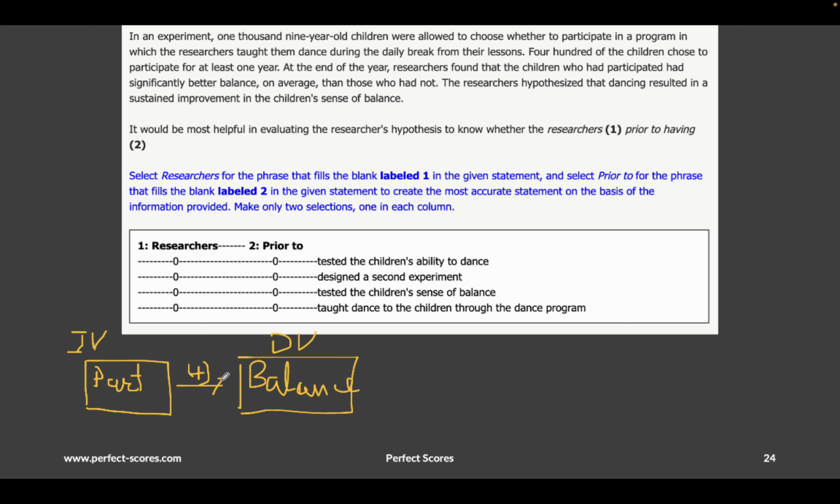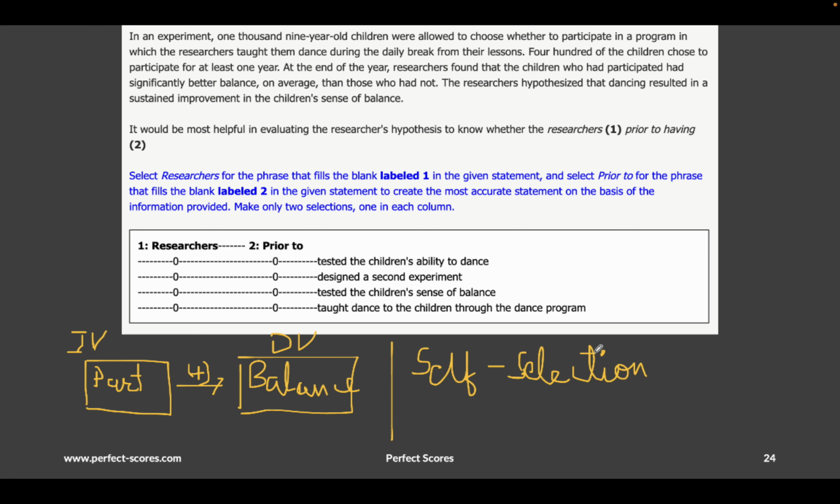So the problem here is the problem of self-selection. Now I'm deviating a little bit here. Self-selection is a problem that can arise in a researcher's hypothesis if people self-select into studies. If people self-select into studies, they're going to introduce bias into the study.